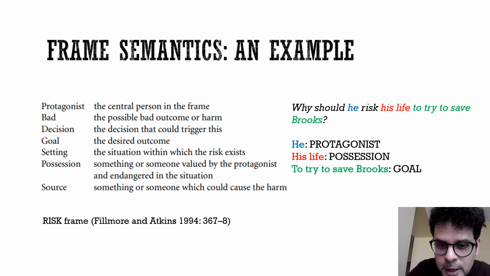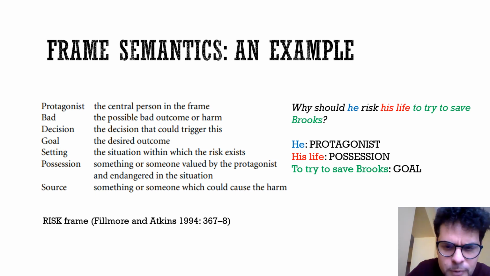So in this sentence, we can tag he, his life, and to try to save Brooks with general categories, and as you see, they are written in capital letters, as is customary for semantic notions. And this can be easily mapped onto the list of elements for the risk frame.